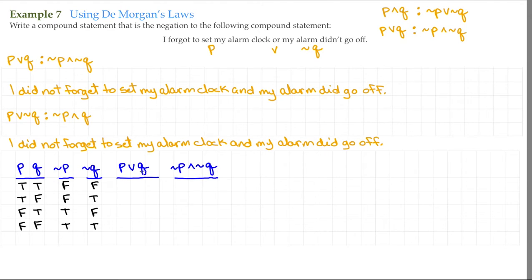So for P or Q, the only time this is false is when the simple statements are both false. And here they occur right down here. So here it's false. Other than that, it's going to be true. And for this compound statement, this is a conjunction. The only time this is true is when both of these are true, and here they are right down here.